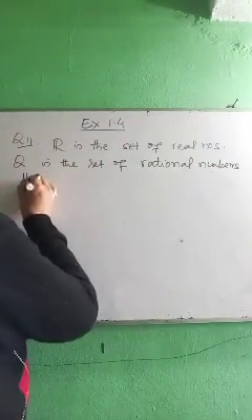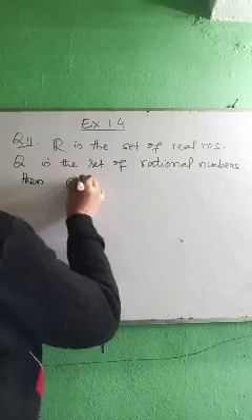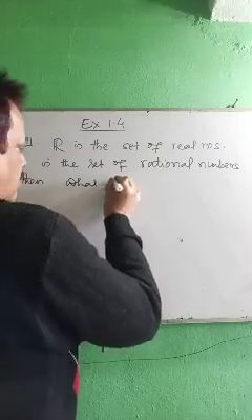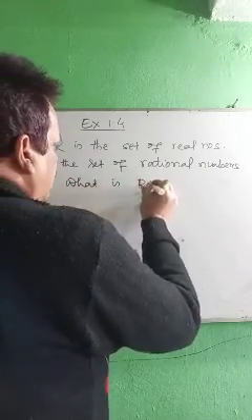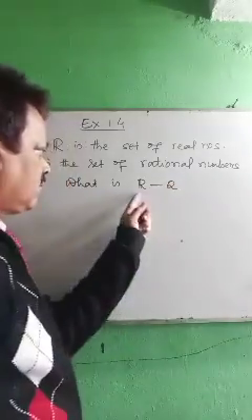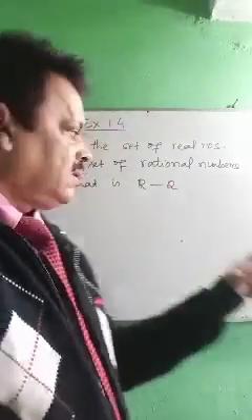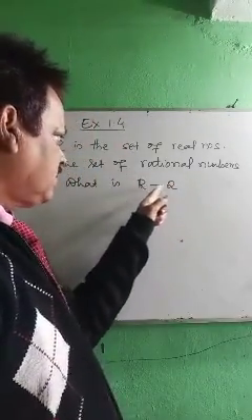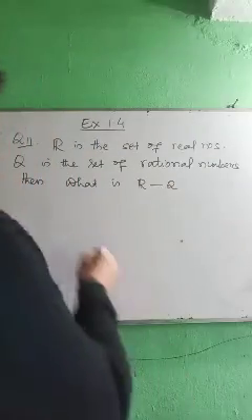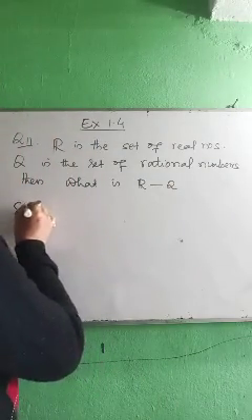Then what is R minus Q? So how to define R minus Q? The elements of R which are not in Q. First, you see here, rational numbers.